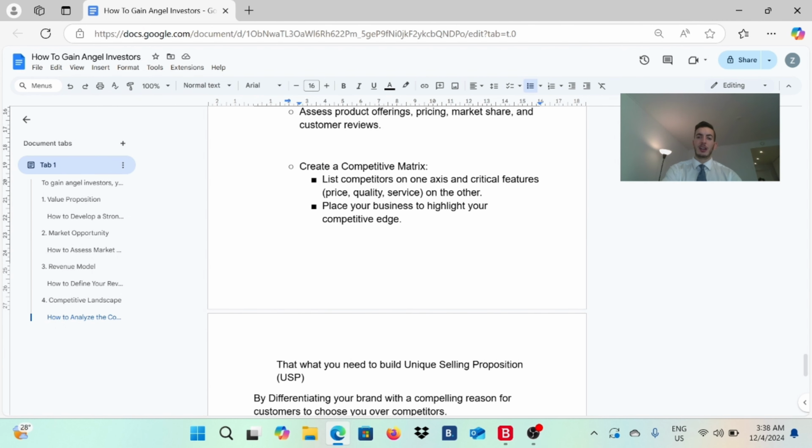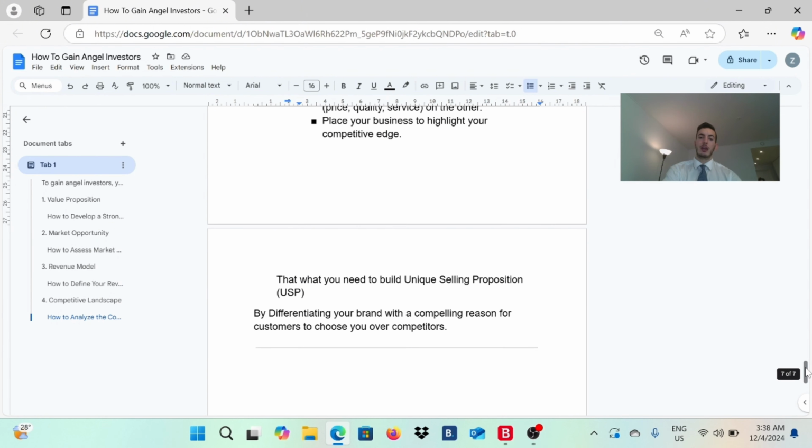Create a competitive matrix: list competitors on one axis, and features, price, quality, service on the other. Place your business to highlight your competitive edge. So that's what you need to build a unique selling proposition, USP, by differentiating your brand with a compelling reason for customers to choose you over competitors.